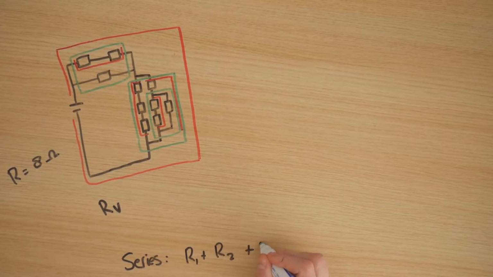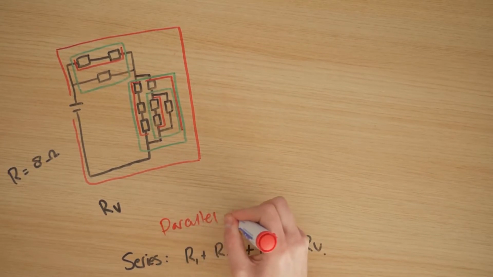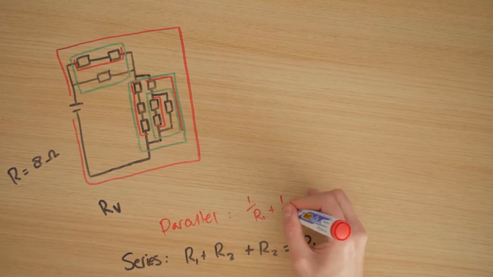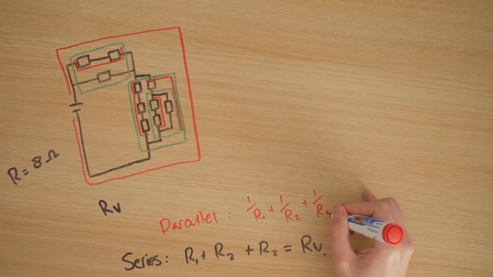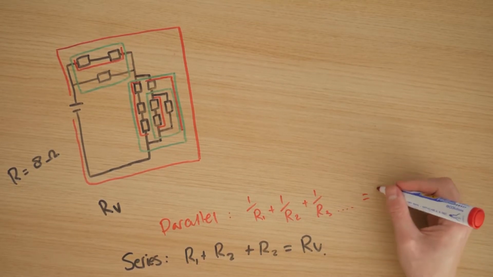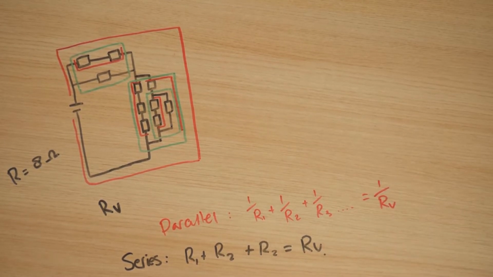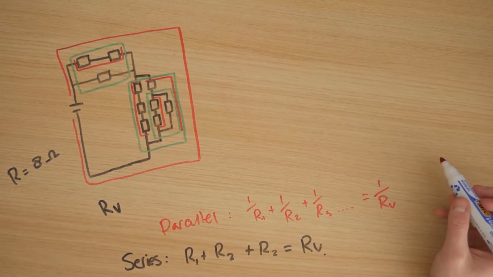Series is R1 plus R2, something like that. And parallel is 1 over R1 plus 1 over R2 plus 1 over R3 and so forth is 1 over RV. This 1 over RV is pretty important, and we'll see that in a little bit.